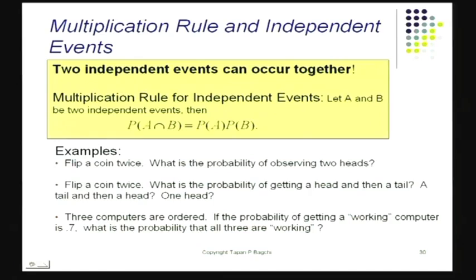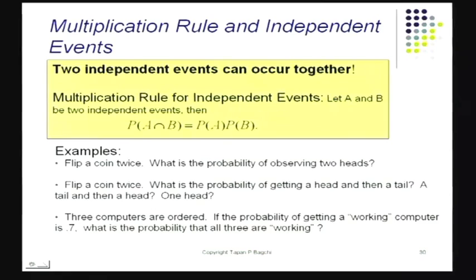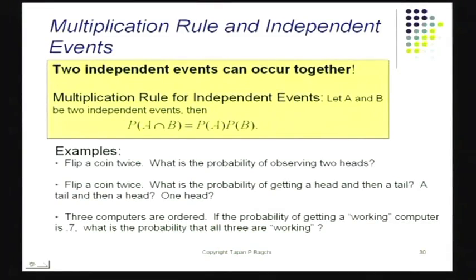So I take a coin and I flip it twice. What is the probability of observing two heads? I toss the same coin twice. Now the first toss has nothing to do with the second toss, and the second toss has nothing to do with the outcome of the first toss. Remember this.